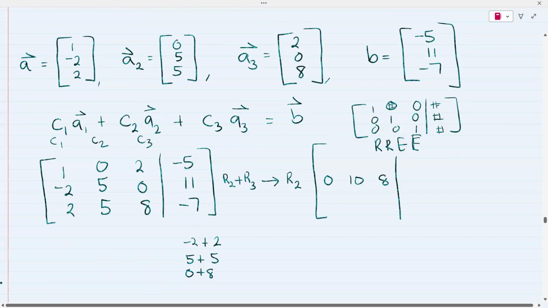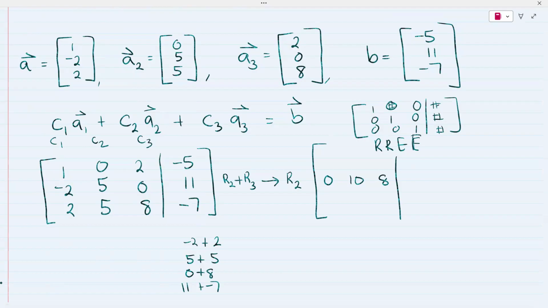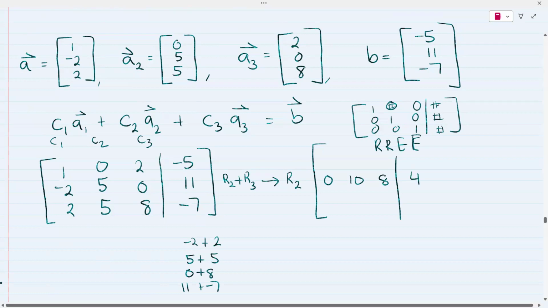And then the last number in row 2 is 11, plus the last number in row 3, which is -7. So 11 minus 7 is 4. Okay, and then we didn't mess with row 1 or row 3, so rewrite it.